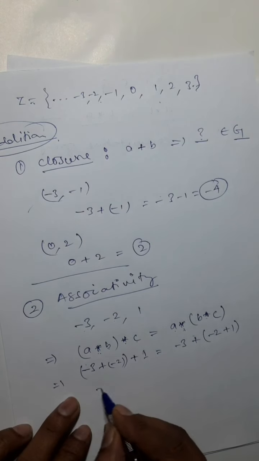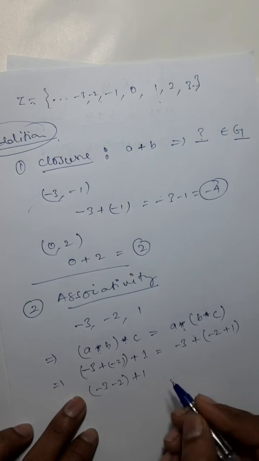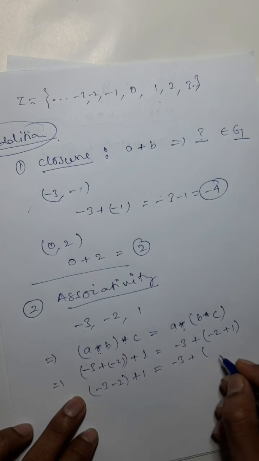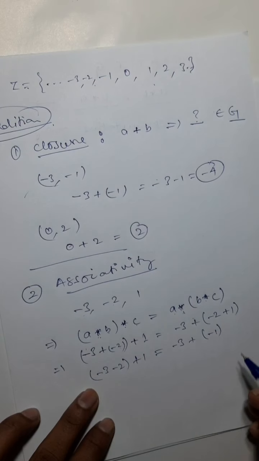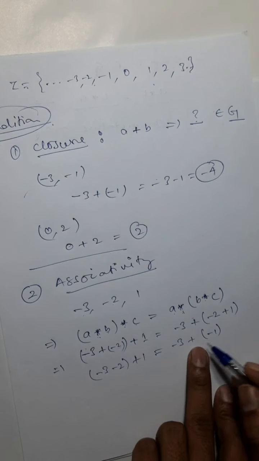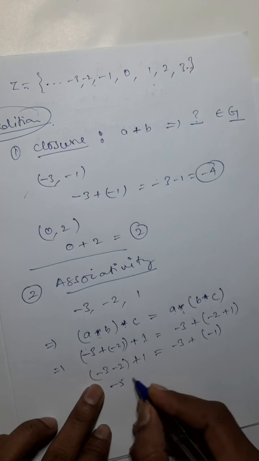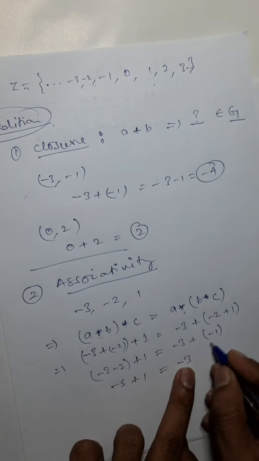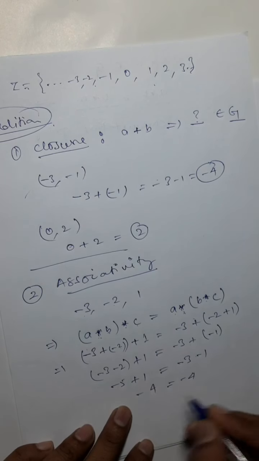Let me show you. (-3 + -2) + 1 equals -3 plus -1, because -3 minus 2 is -5, plus 1 gives -4. So -4 equals -4.